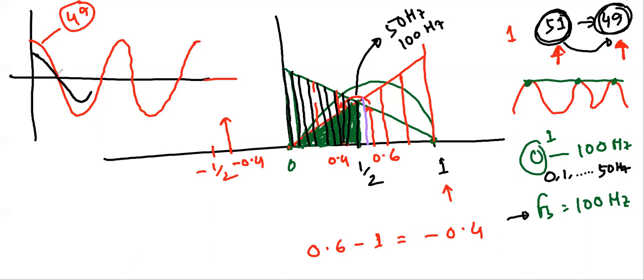Since the amplitude is low, it will definitely be superimposed. Now how does the final 49 look? They will definitely be added together, and this is what the final 49 looks like.